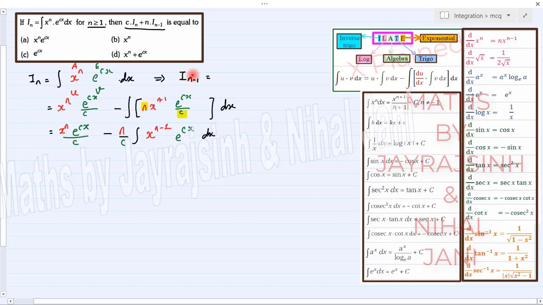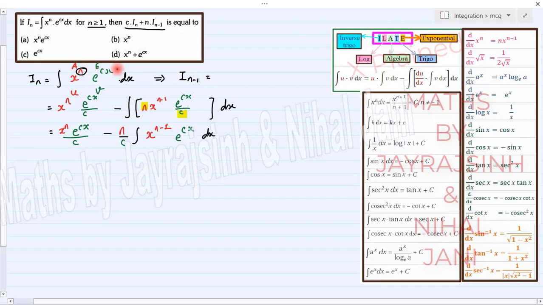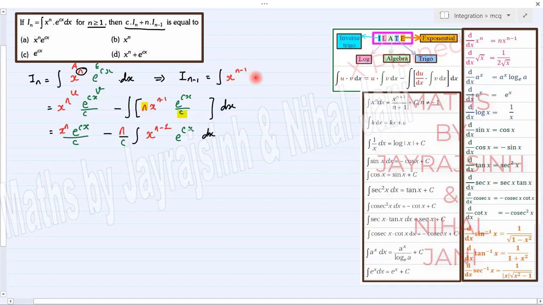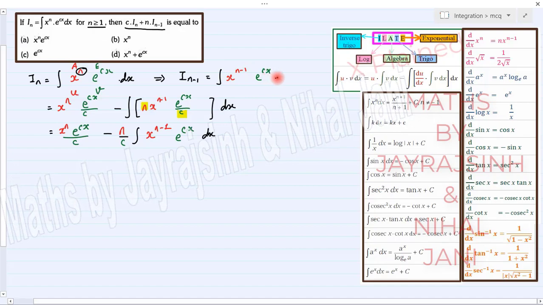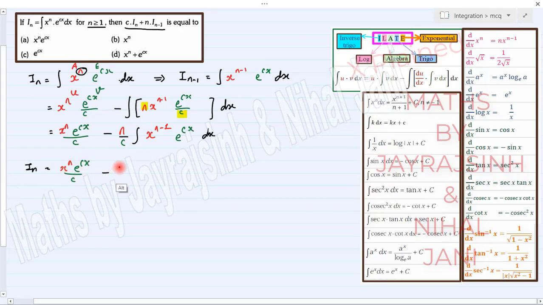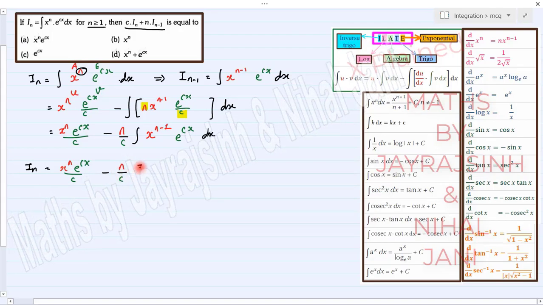To get I of n minus 1, we just have to replace n by n minus 1. So here we'll get x raised to n minus 1 and e raised to cx dx. So your I n must be x raised to n into e raised to cx by c minus n by c into I of n minus 1.